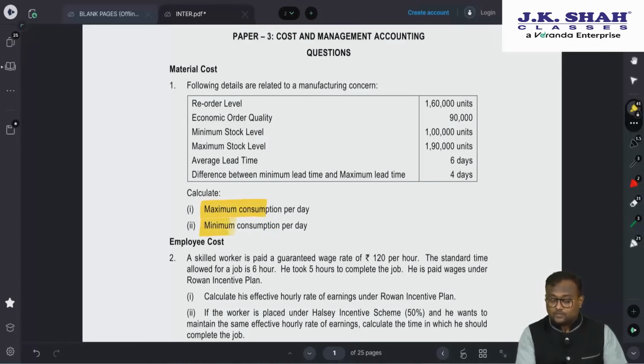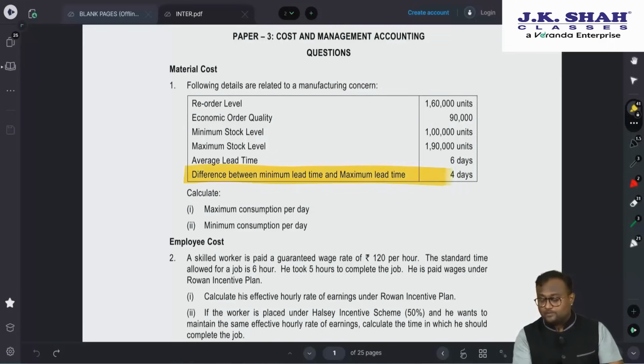I have told you 1,000 times, whenever it is a reverse question, it is always easy to tackle, easy to understand, easy to implement. Trust me. How? Something which is normally given will be missing. We don't have clear information about lead time, and therefore something which is normally not given will be available.